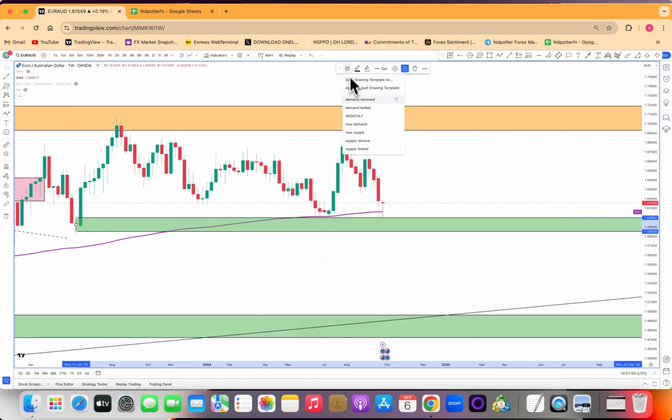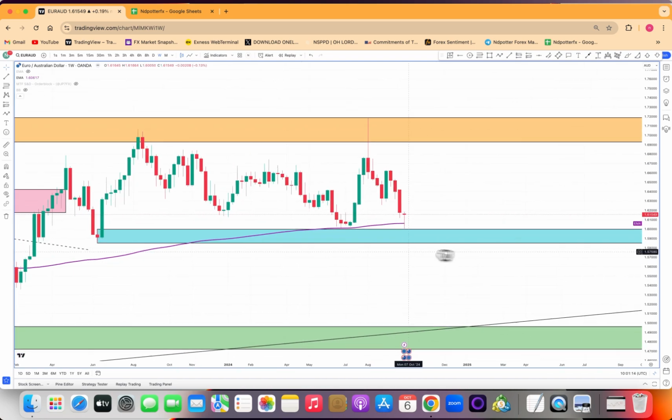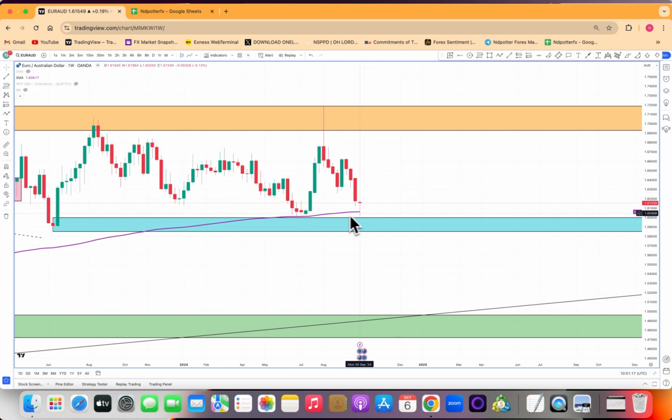This demand zone has been tested for the second time. You see it created here, it came here, tested it, pushed here, we got this rejection on this supply here. The market dropped and came into here, contacted EMA 200 on the weekly chart. You can see how this week closed as a massive rejection candle.